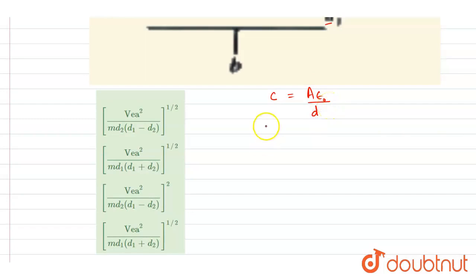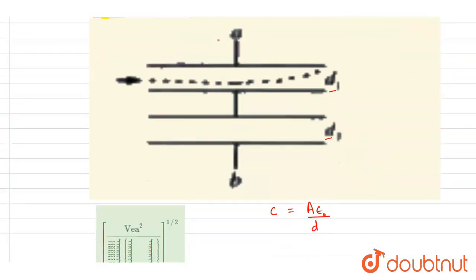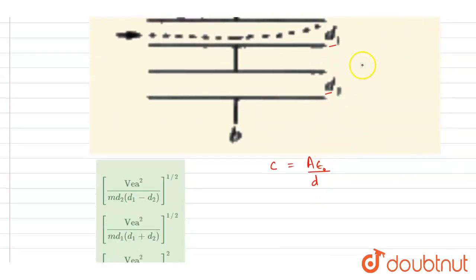So if I talk about the potential difference between the two capacitor plates, if you see, they both are connected in series, so they will have the same charge, and we know that the charge is C into V. Since they are in series, they will have the same charge, right? So I write this as C1 into V1 and C2 into V2.